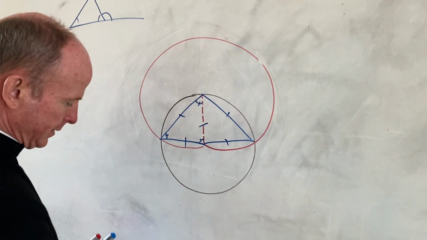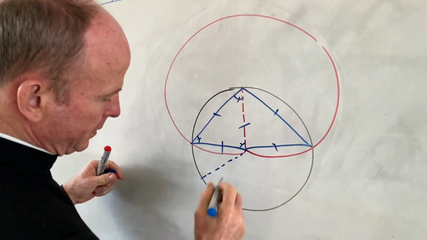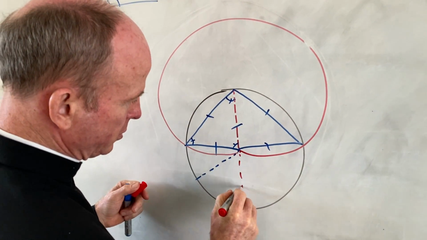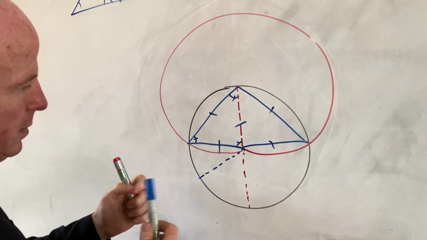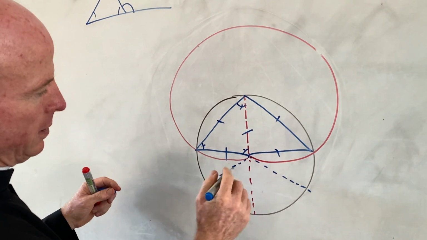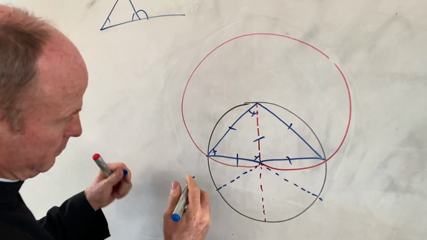Great. Let's continue our lines here. Extend this line. I might as well make it red since the other one's red. And make this one blue. So all of these now are, okay, let's join these lines up.